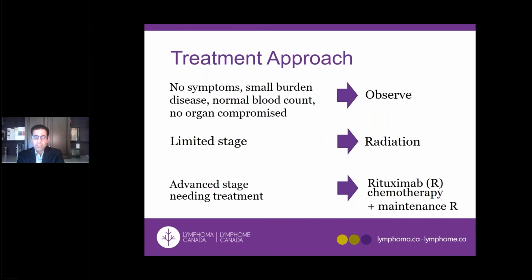So if the patient doesn't have symptoms, the disease is not bulky, the patient doesn't have B symptoms, and I found that the blood work is good, there is no compression over any organs, and the blood work showed normal CBC, platelets, and white blood count, that means most probably the bone marrow is not affected, I do observation. We call it watch and wait. If the stage is limited, so a small stage like stage 1 or stage 2A, we can give radiation therapy.